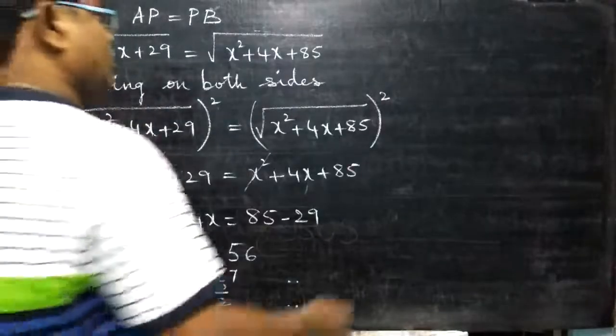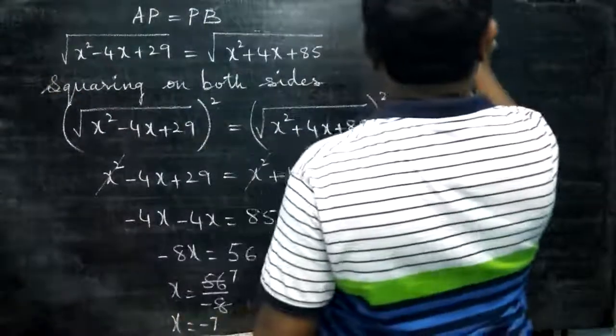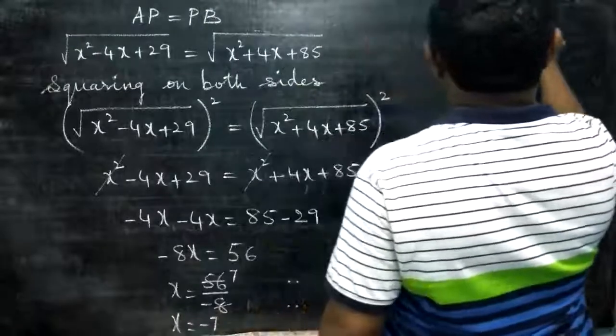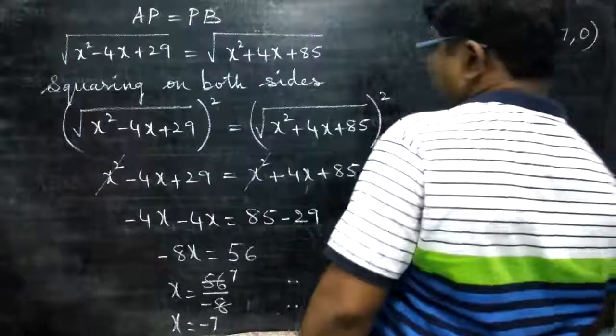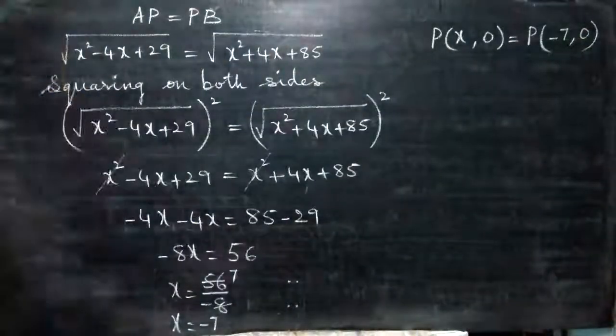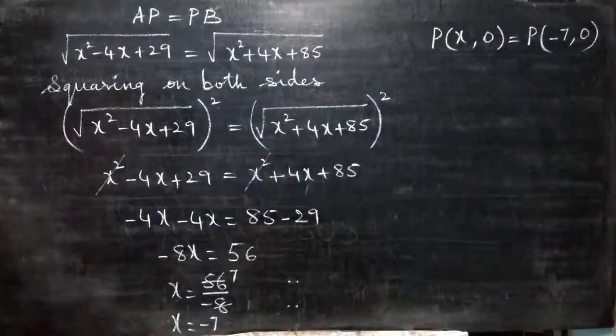They asked for the point. So what did we take? P as (x, 0). So P is (-7, 0). They told us to find the point on the x-axis.